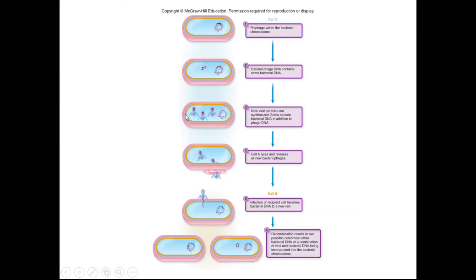Then we have modified bacteriophages that have hybrid DNA of bacterial and viral DNA mixed together. That bacteriophage leaves the donor cell, binds to the recipient cell, and injects its genetic information, and then the recipient cell receives bacteriophage DNA and bacterial DNA from the original host cell.